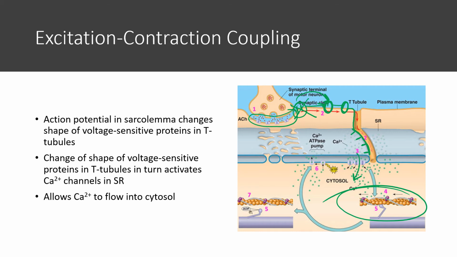Remember that calcium is going to act on the troponin of the light chain. It's going to cause it to shift away. It'll basically make it change shape. It'll push the tropomyosin away, and the actin binding sites are exposed.